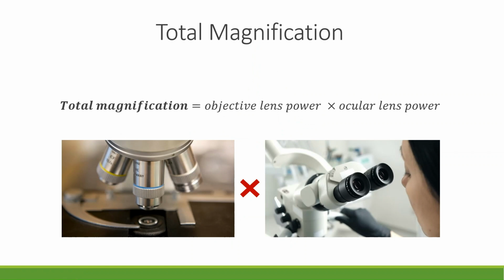Okay, so now that we know how the different parts of the microscope, how to use a microscope, and what immersion oil is and refractive index is, let's talk a little bit about total magnification. Total magnification is going to be how much magnification you get of your specimen above what you can just see with your unaided eye.